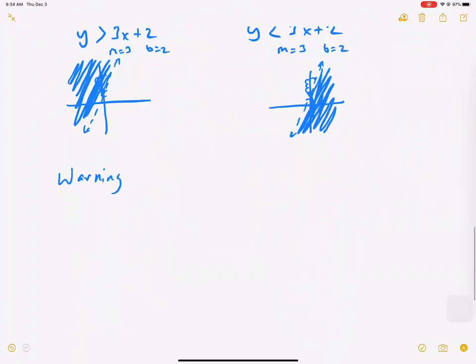We had a rule where if I say negative 3x is, let's say, greater than 12. If I want to solve for x, we have to divide the negative 3 out. Opposite of multiplying by negative 3 is dividing by negative 3 on both sides.